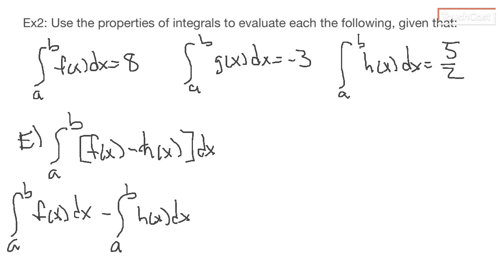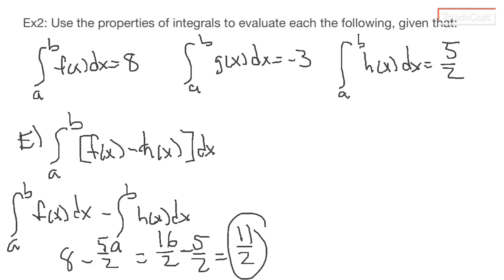And we know these two values. We know this first one is 8 minus the second one is 5/2. If we were to rewrite this, we can write it as 16 halves minus 5 halves, which gives us an answer of 11 halves. So the answer is 11 halves.